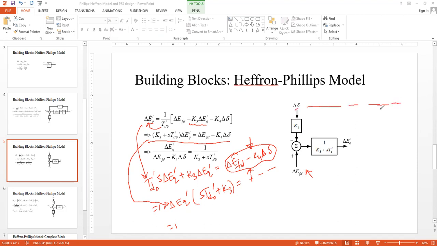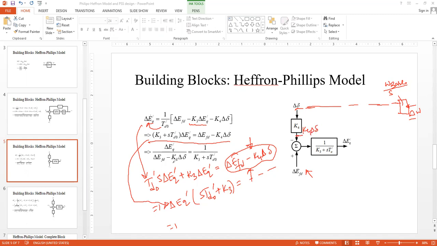So this is coming from the block where you have omega base by S, and this is your del omega. We have already shown how it is formed. So once you have del delta available, you multiply it by K4. So this is your K4 del delta here, and then you have the minus sign.